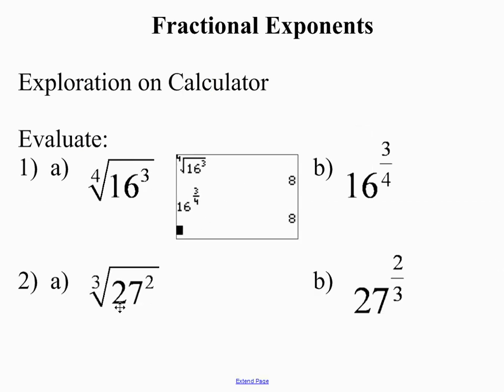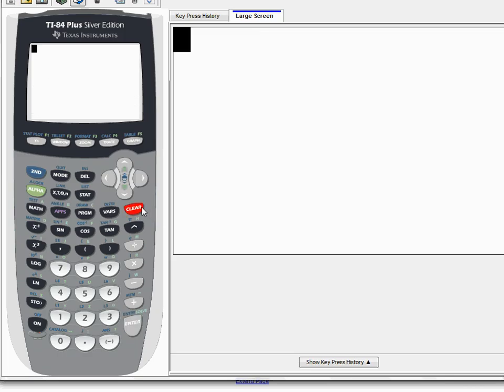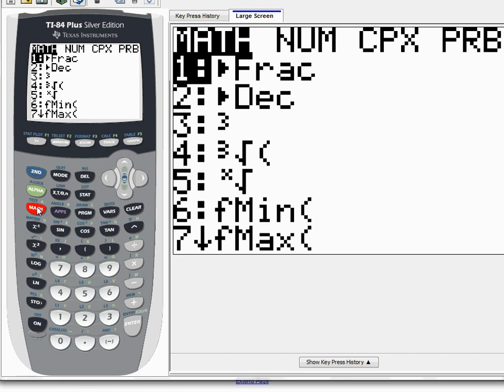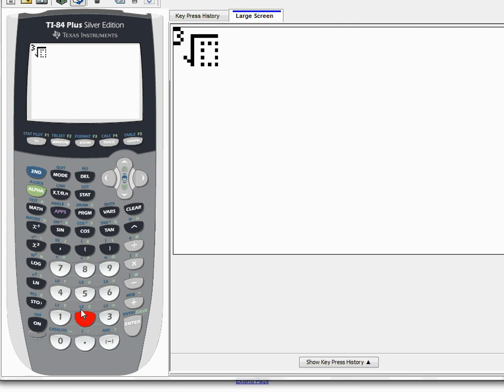Let's try this one. Let's do the cube root of 27 squared and 27 to the 2/3 power. So we'll do the cube root. That happens to have its own button. Of 27 squared, 9. Well, that kind of makes sense, right?